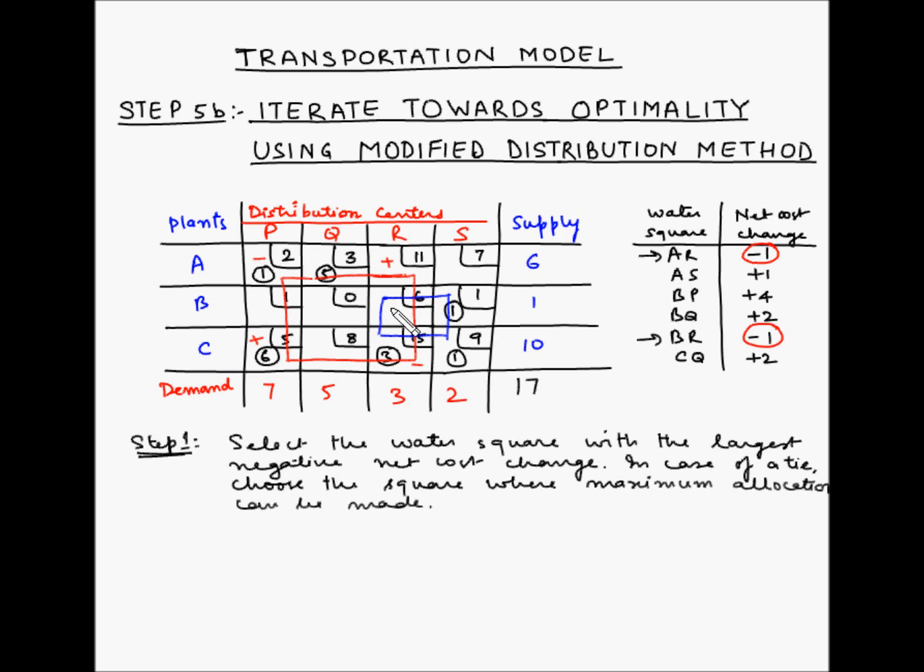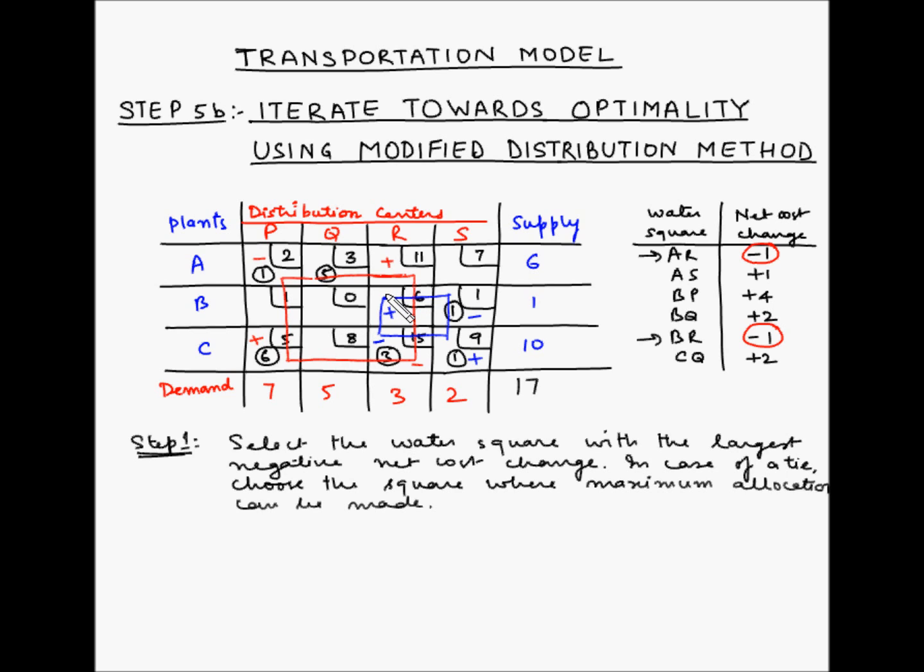And in case of BR, BR will be plus, BS will be minus, CS will be plus, and CR will be minus. Now in the closed path for AR, we have to reduce allocation from the squares with negative sign and add to the squares with the positive sign.